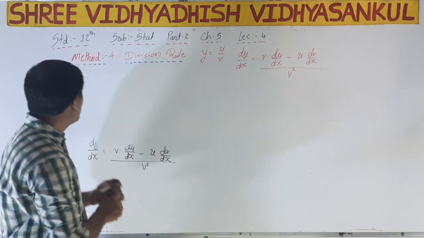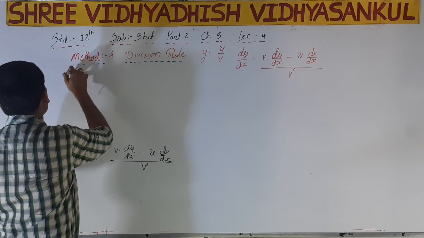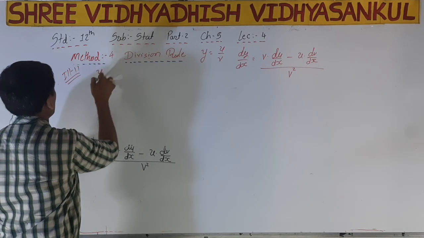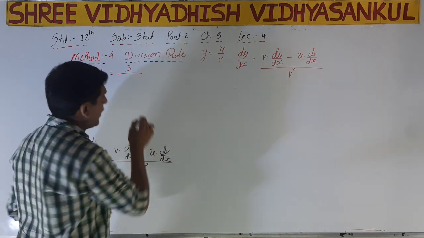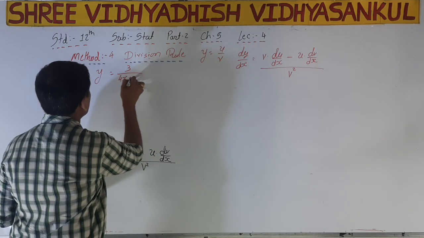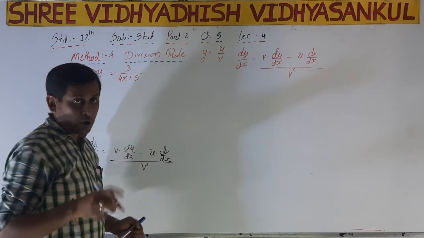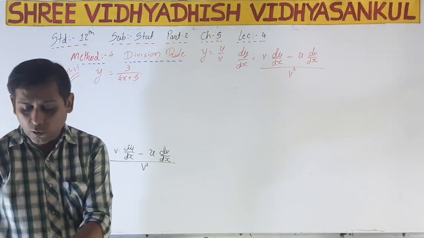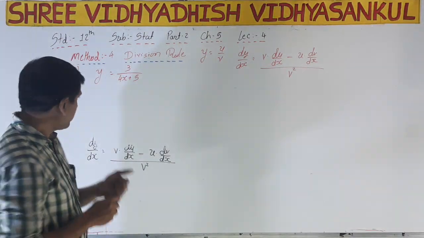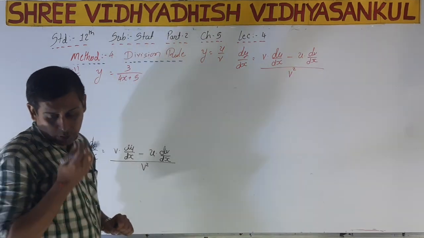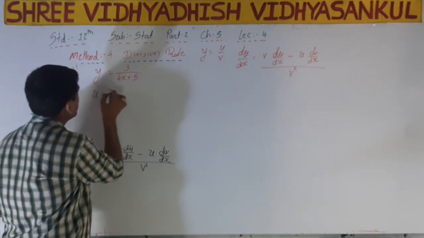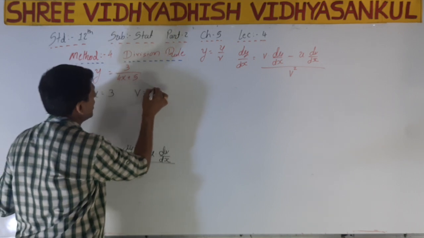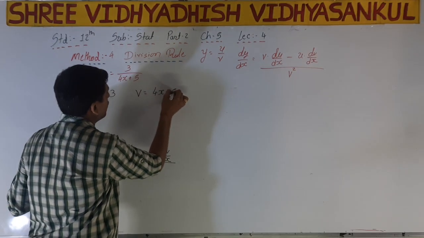Y is equal to three upon 4x plus 5. So what is your u here? U is equal to just 3. Right? So here u is equal to 3 and v is equal to 4x plus 5.